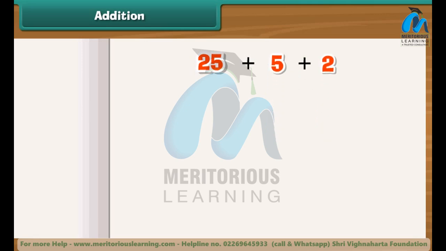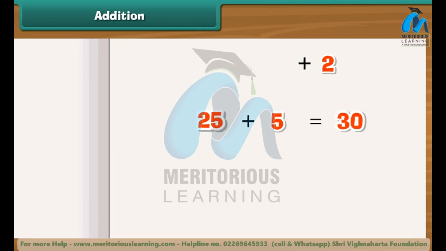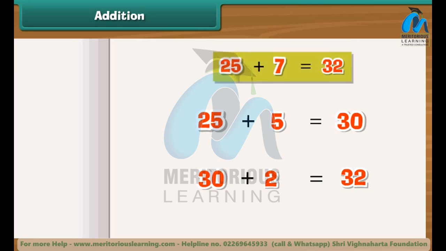We do so as it is easy to add 25 and 5. 25 plus 5 is equal to 30. Then we are left with two numbers, 30 and 2, to add. The result is 32. Thus, the sum of 25 and 7 can be quickly calculated as 32.